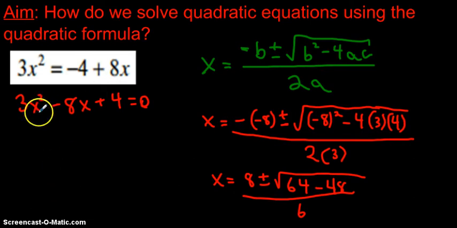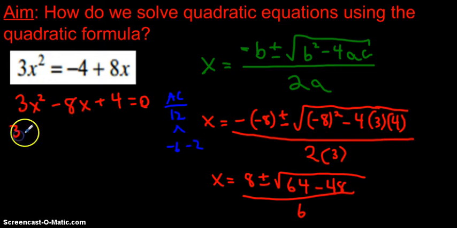Alright, so we're going to factor completely. AC is 12. The product of A term and C term is 12. So factors that add up to be -8 are what we're looking for. So that would be -6 and -2 would be factors of 12 that add up to be -8.